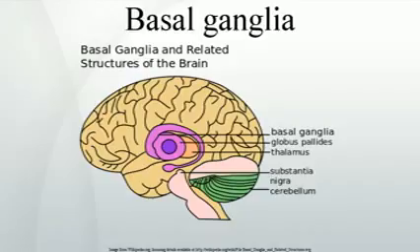The external segment, or GPE, receives input mainly from the striatum, and projects to the subthalamic nucleus. The internal segment, or GPI, receives signals from the striatum via 2 pathways, called direct and indirect. Pallidal neurons operate using a disinhibition principle.